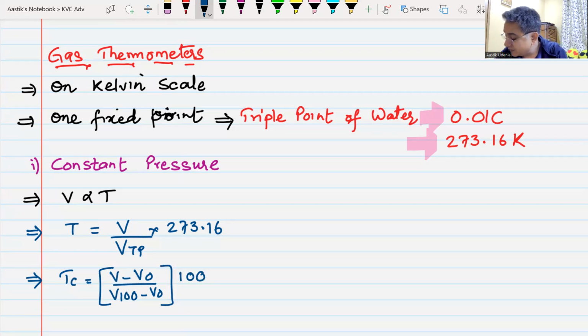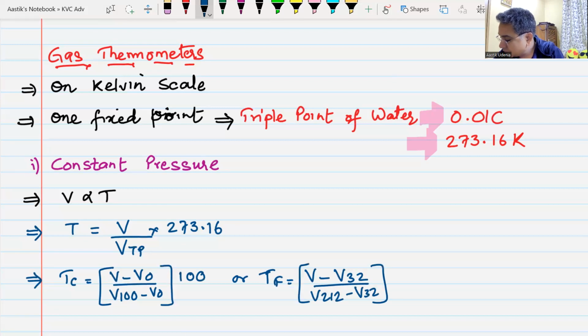If you want to find the temperature on the Fahrenheit scale, you can use (V minus V32) divided by (V212 minus V32), multiplied by 180, but it is more likely used for the Kelvin scale. I'll give you 2 minutes to note it down.